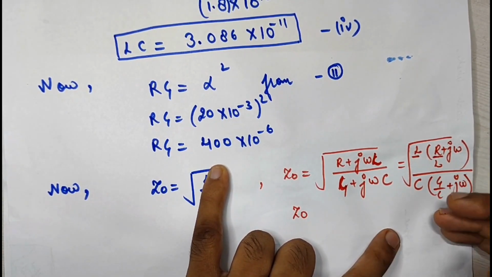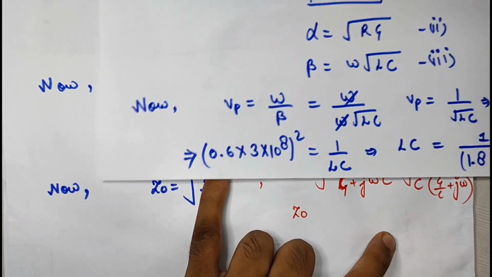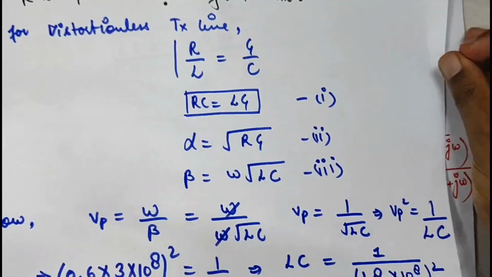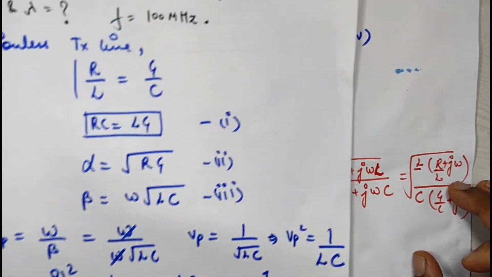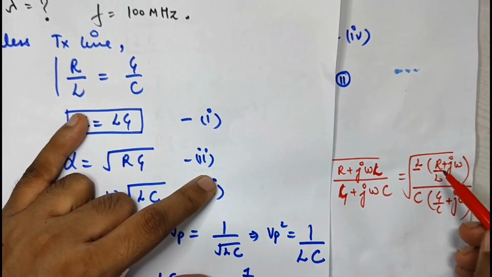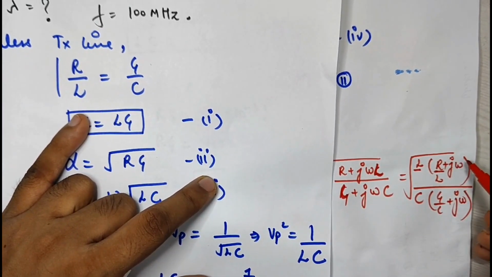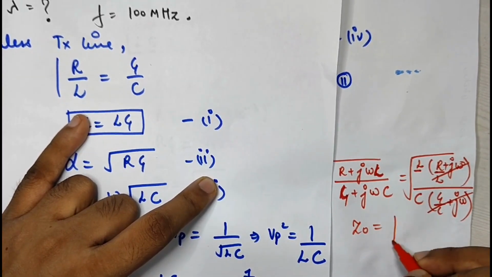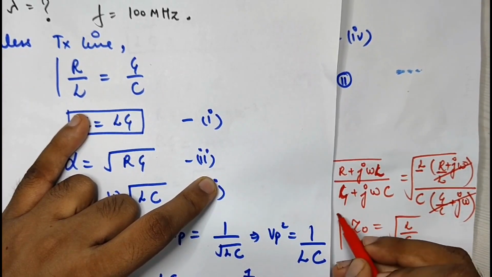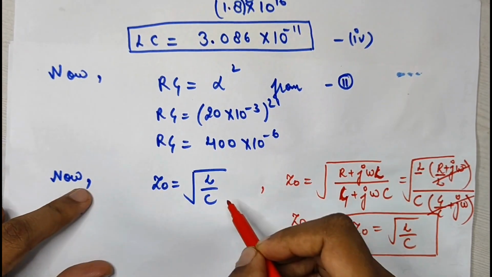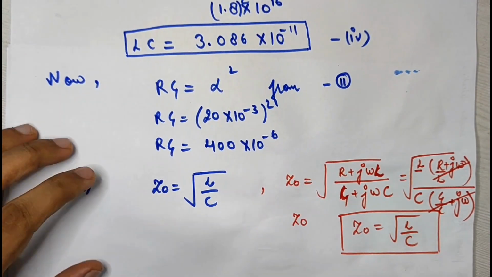Now we know that from the distortionless transmission line, R by L is equal to G by C. So if we substitute this value, these two terms become the same, and we can omit them. Hence Z0 can be written as root of L by C for a distortionless transmission line.